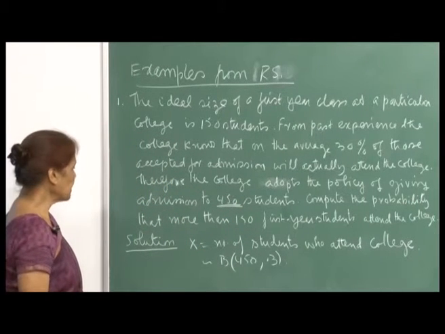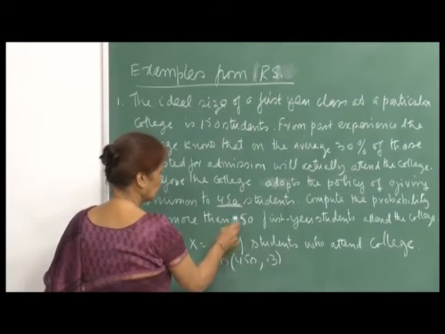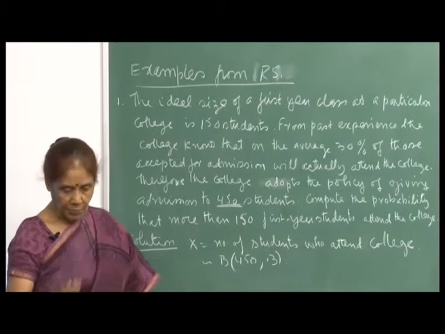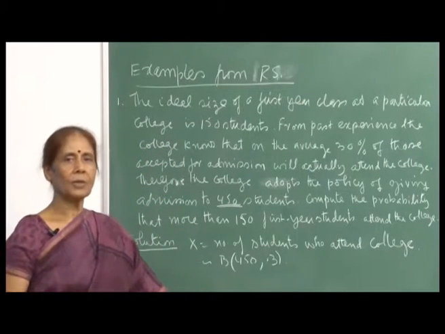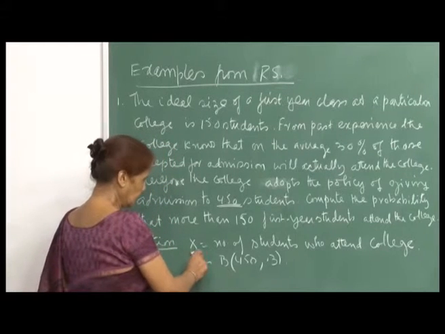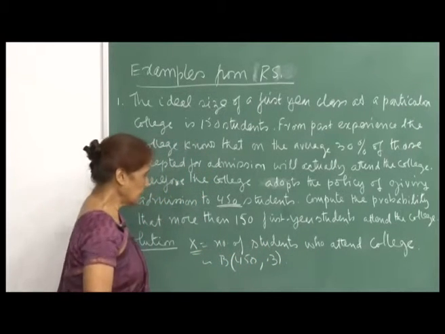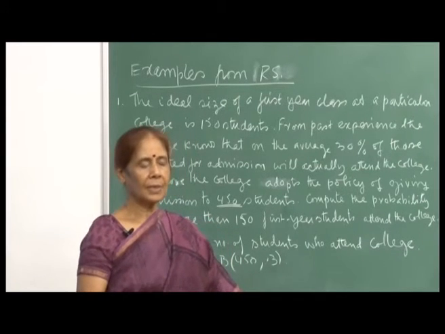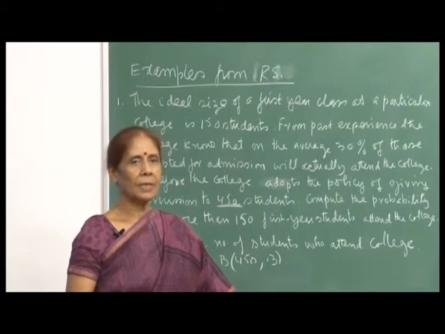Now, compute the probability that more than 150 first year students attend the class. So, given that 30% is the rate, it means the probability that a person who has been given admission will attend college is 0.3. Here of course, we will say x is the number of students who attend college. We can treat the person who has been given admission and attends college as a success.